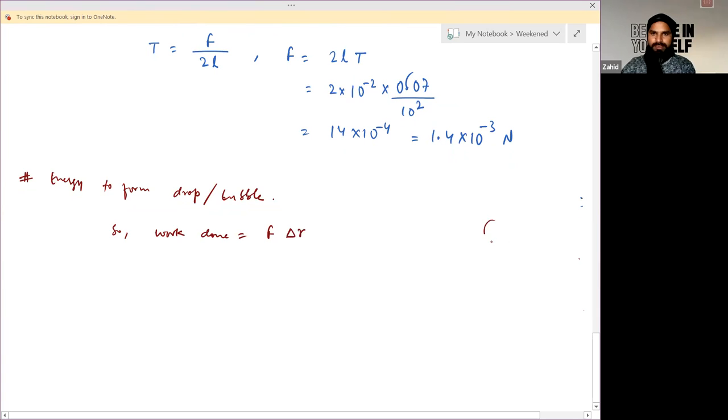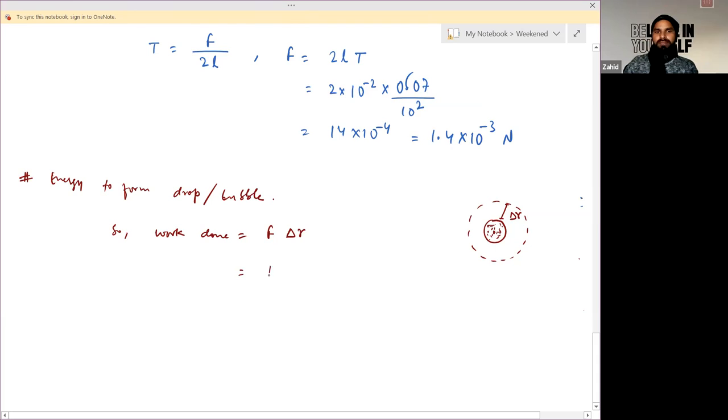Suppose there is a drop having radius r, and if you have to increase its radius, the change in radius will be delta r. So work done to expand from the initial point to the final point will be force times delta r.